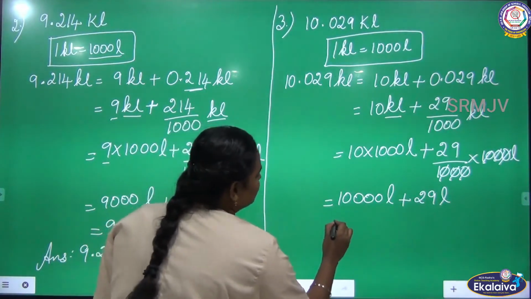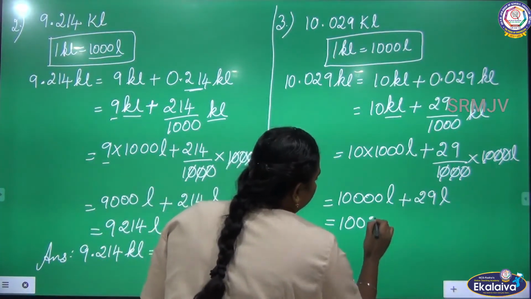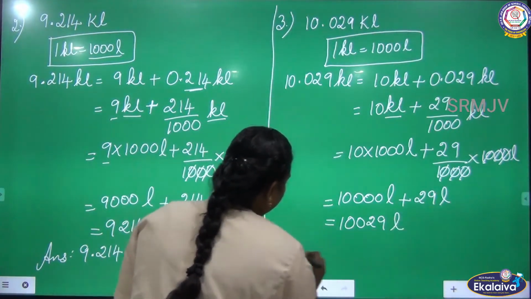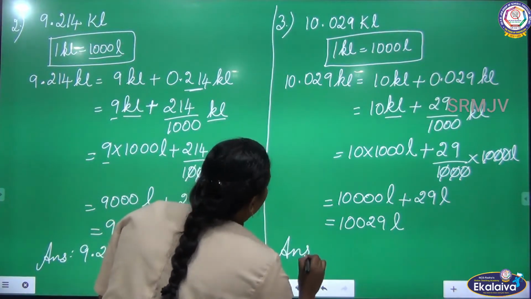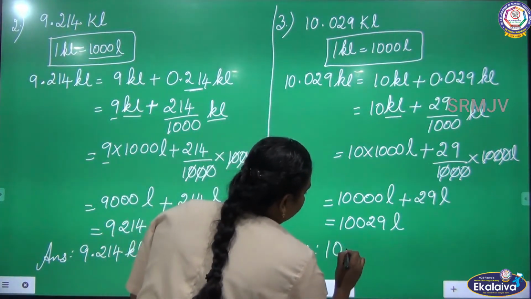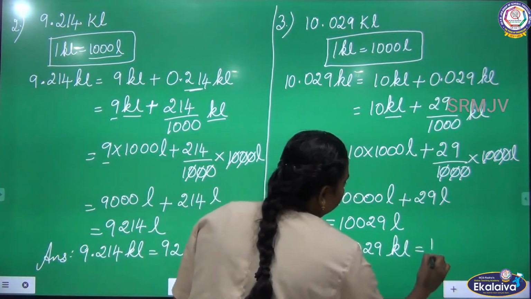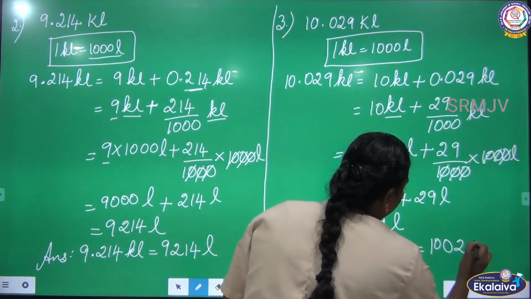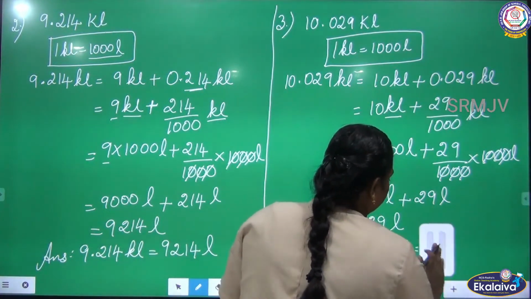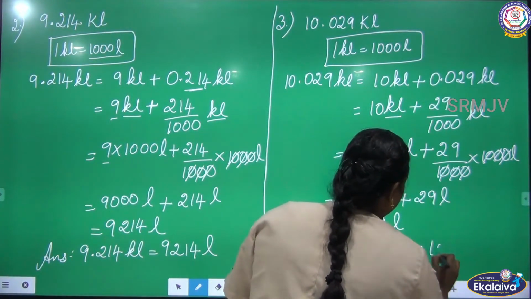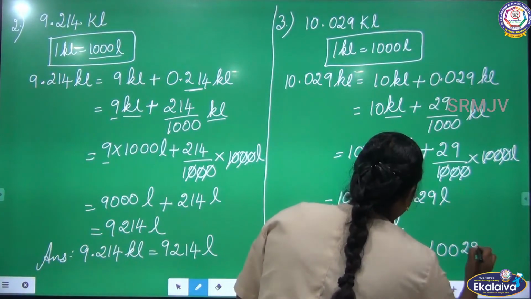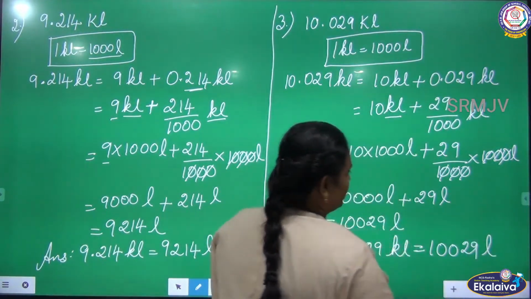So 10,000 plus 29, 10,029 liter. So answer, 10.029 kiloliter equal to 10,029 liter.